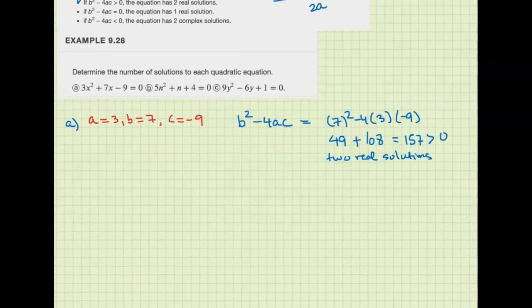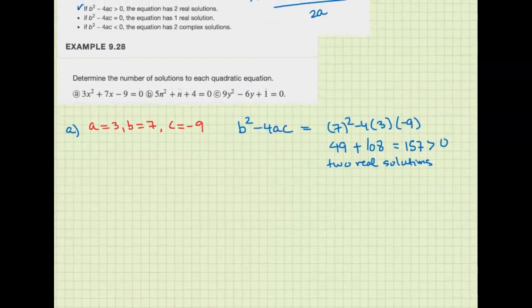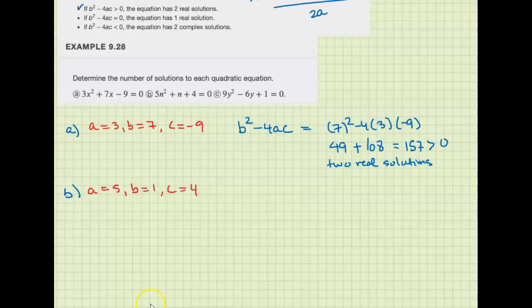Okay, let's look at part B. So part B, let's identify our a, b, c. a is 5, b is 1, and c is 4. We're going to find the discriminant, b squared minus 4ac. 1 squared minus 4 times 5 times 4. 1 minus 20 times 4 is 80.